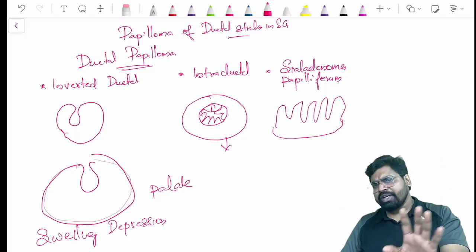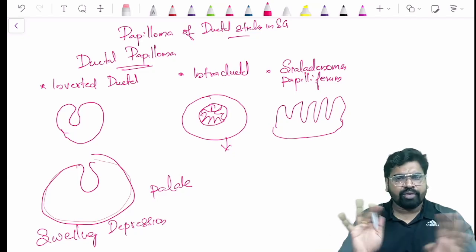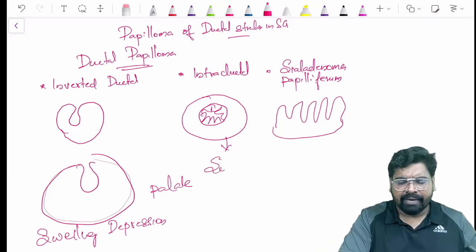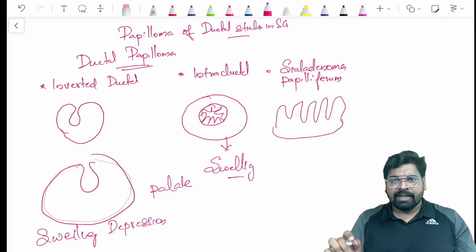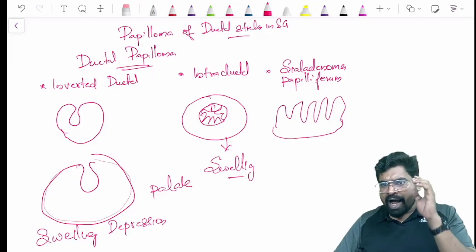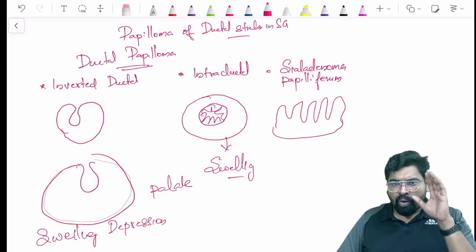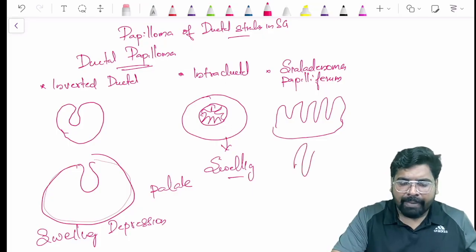So you are looking at the patient and you see a swelling on the palate with no surface abnormalities. It is just a swelling. But in Sialadenoma papilliferum, when you ask the patient to open the mouth, on the palate you will see papillary projections.